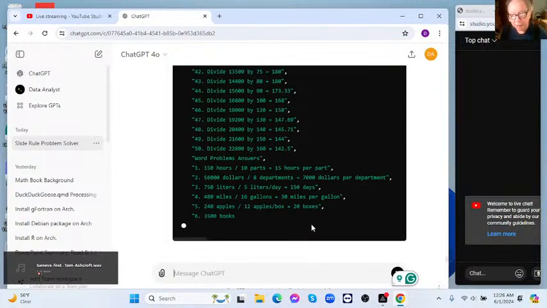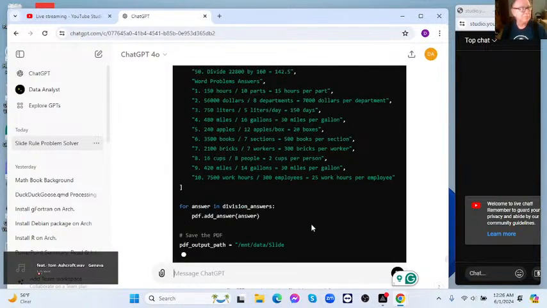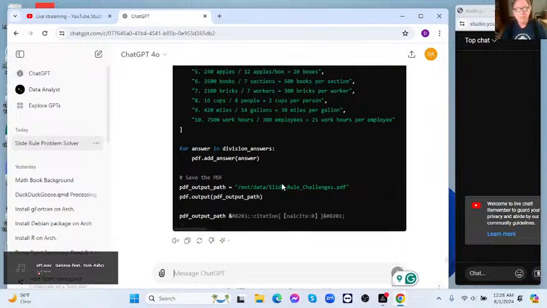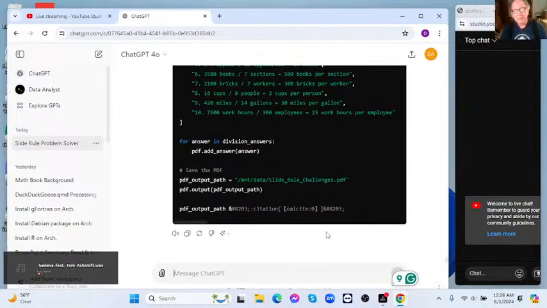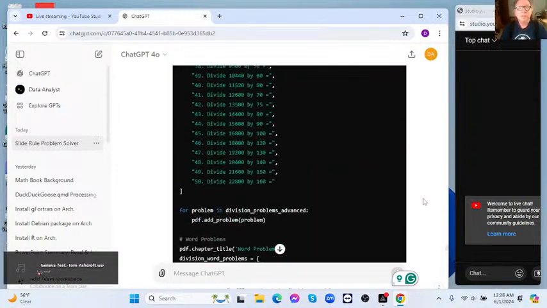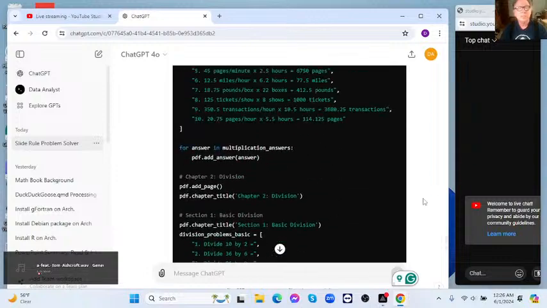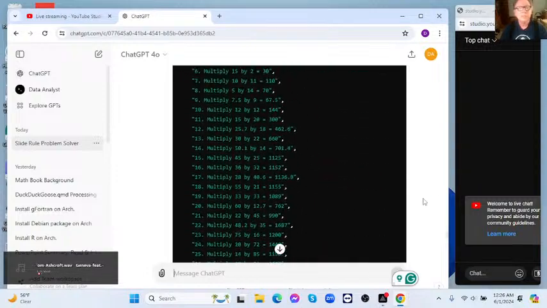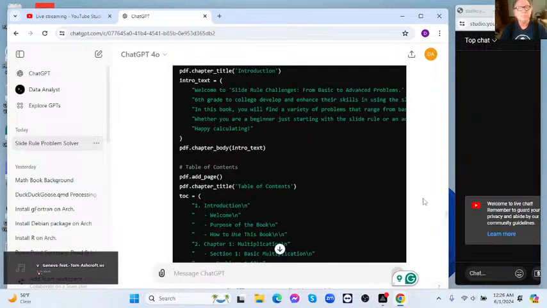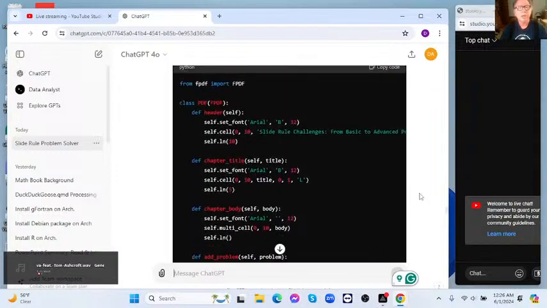"200 multiplication and 200 division problems." See, it keeps doing this here, but it isn't actually creating the document. That's the trouble. So we got all this stuff here.